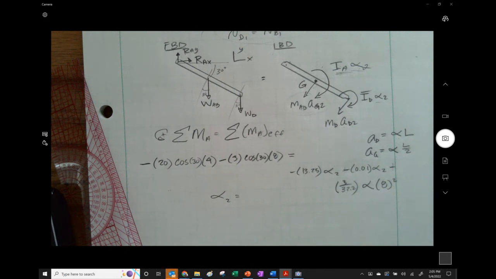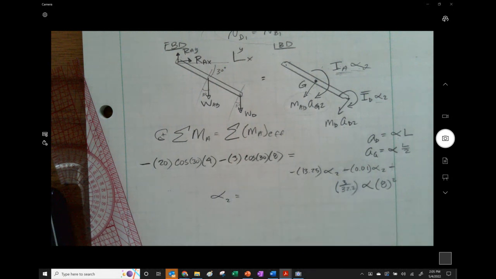20 cosine of 30 times 4. Did I do that right? I think so. And then 3 times 8 times cosine of 30 for that one too. Add them together, so this side is like 90.